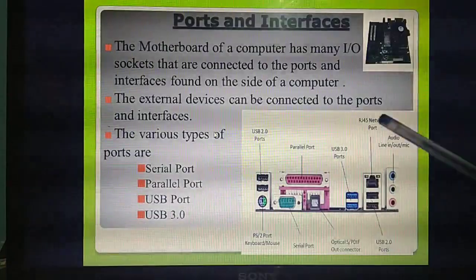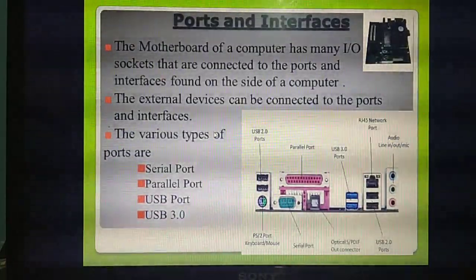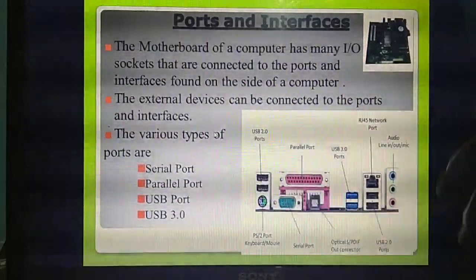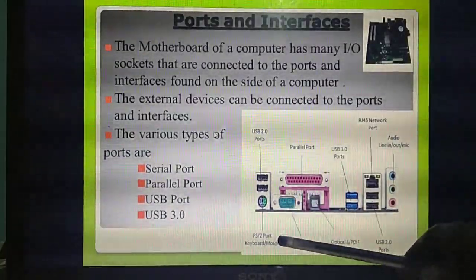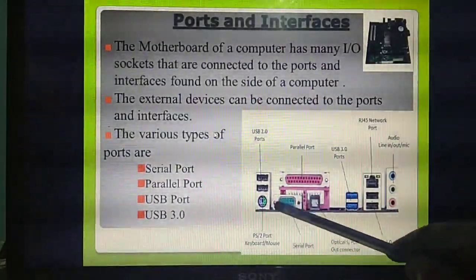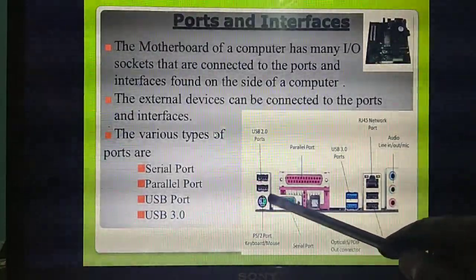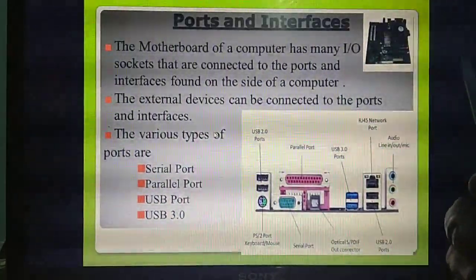For your understanding only, I have explained by means of this diagram. Many more ports are there, but they are not explained in your book; I have just given an introduction. Have you seen this PS2 port? Have you seen the violet and green color? By this port you can connect your mouse as well as keyboard.